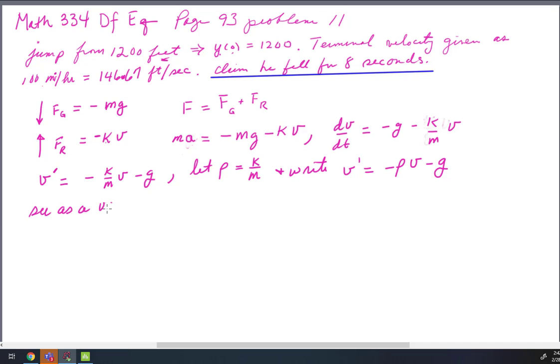as a variable separable equation. And if we do that, I would rewrite it as 1 over rho v plus g dv is equal to minus dt.